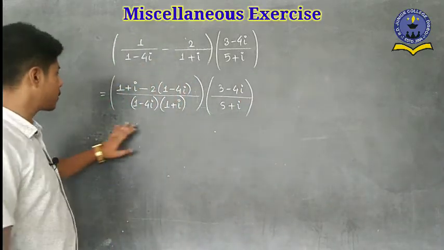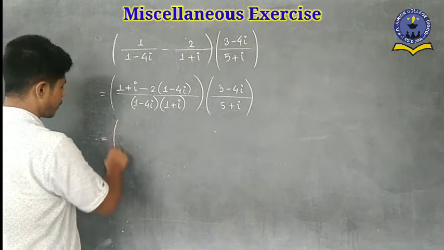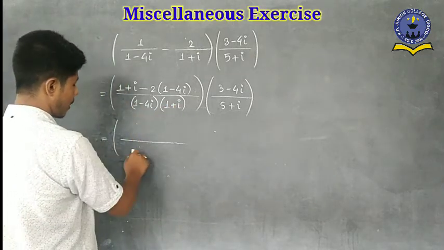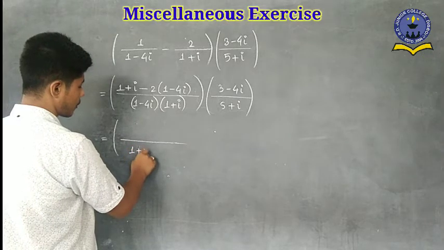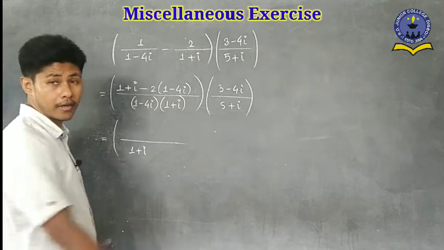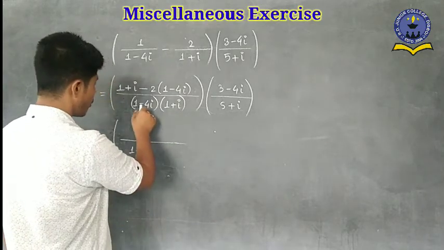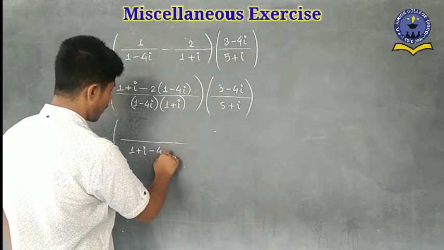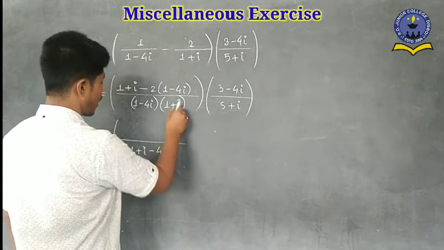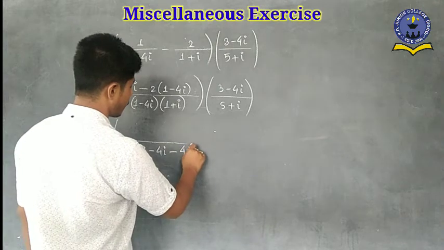After writing this, now if we calculate this result, 1 into 1 plus i, that means we write here 1 plus i. Then next, minus 4i, we have to multiply this whole result, isn't it? So we write here minus 4i, and this one minus 4i square. That means this one is 4i square.